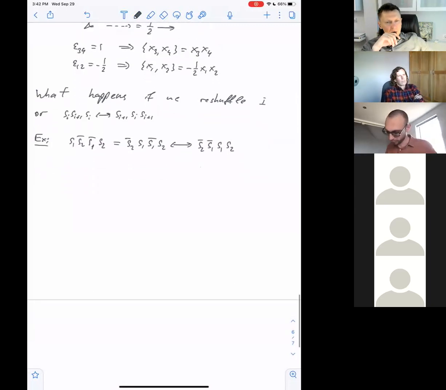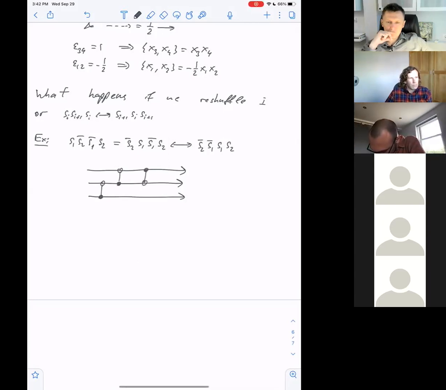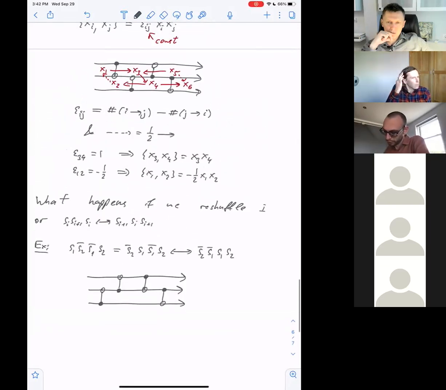So let's draw the corresponding picture. I'll have now a black-white graph like this. The first thing that happened, from here to here, is that I shuffled this edge over here, right?